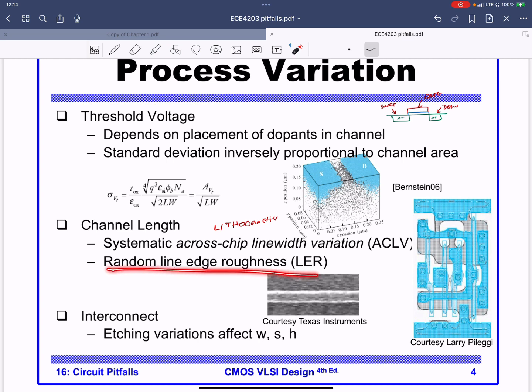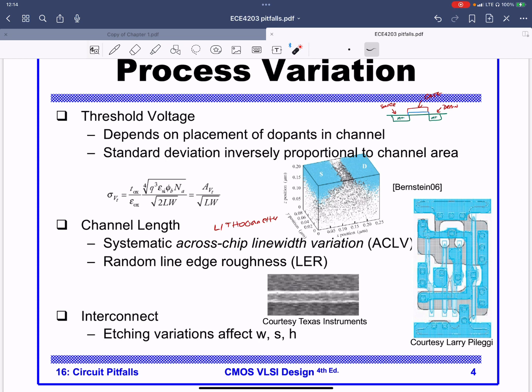On top of that, there is also the processing itself. At the very nanometer level, there is a process roughness in the way the channels are printed. So that by itself also gives you a variation in the channel length.